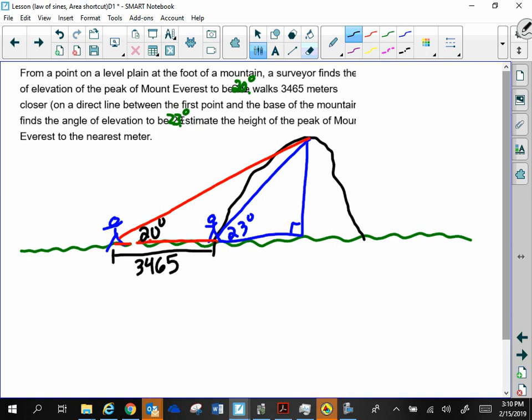What we want to find out is to estimate the height of the peak of the mountain, Mount Everest I guess, to the nearest meter. Looking at what we have, there are a couple different methods you can use.